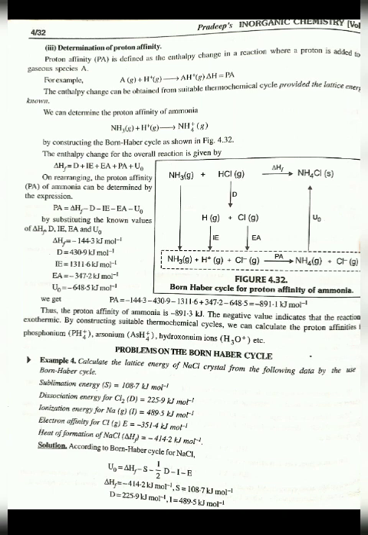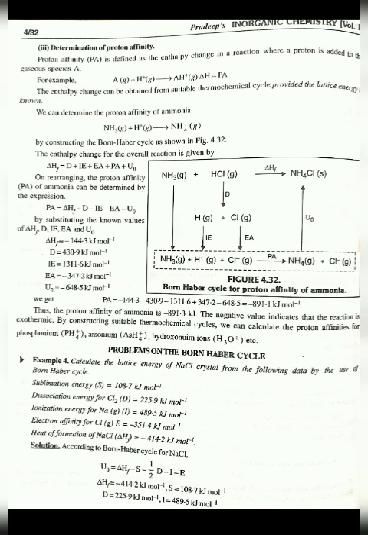The negative value indicates that the reaction is exothermic. By constructing suitable thermochemical cycles, we can calculate the proton affinities for phosphonium PH4+, arsonium AsH4+, hydroxonium ion H3O+, etc. Now there are some problems or examples based on the Born-Haber cycle.